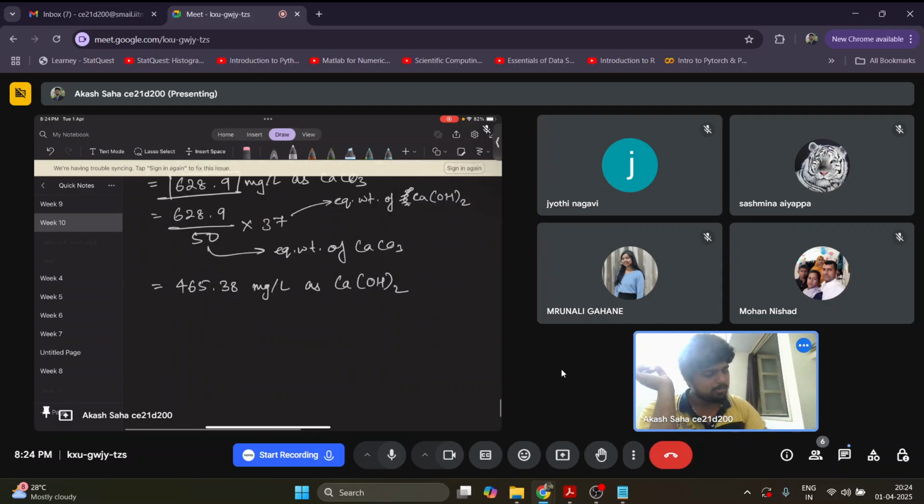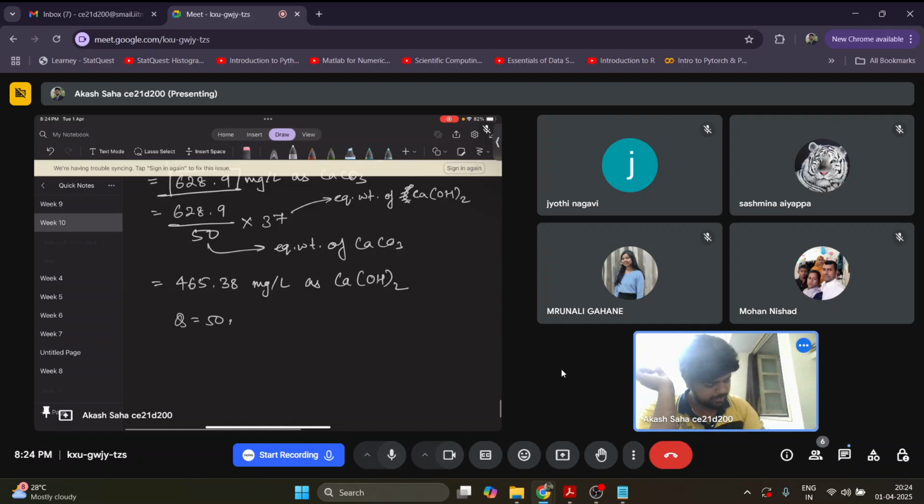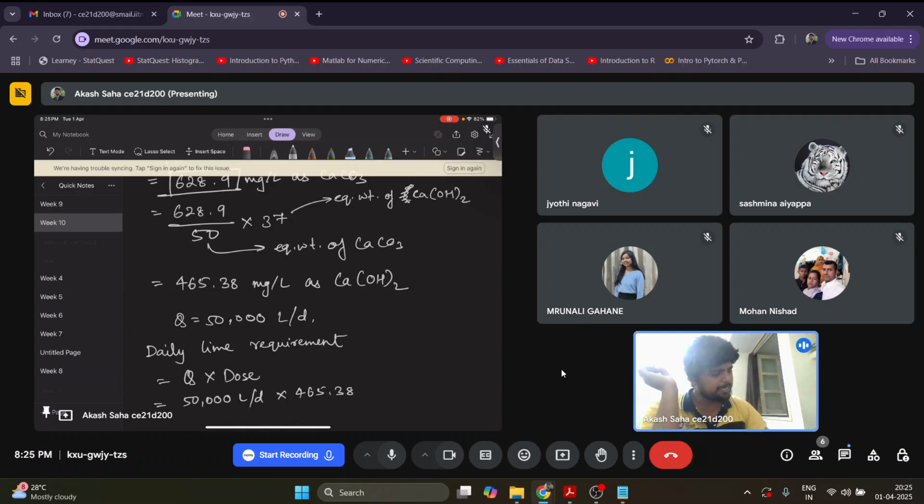Now I said the discharge is around 50,000 liters per day. So what will be my daily lime requirement? It will be Q into the dose, that is 50,000 liters per day into 465.38 milligram per liter.